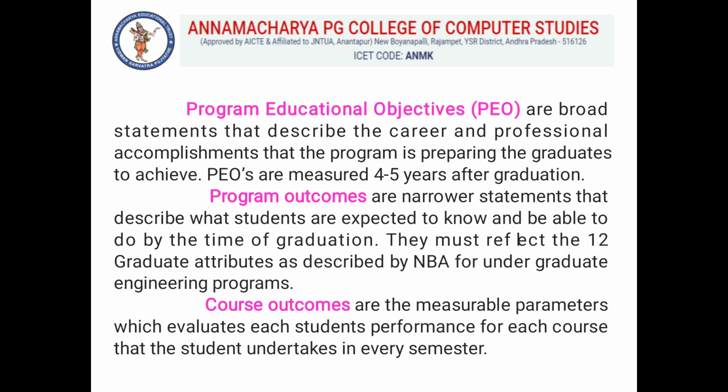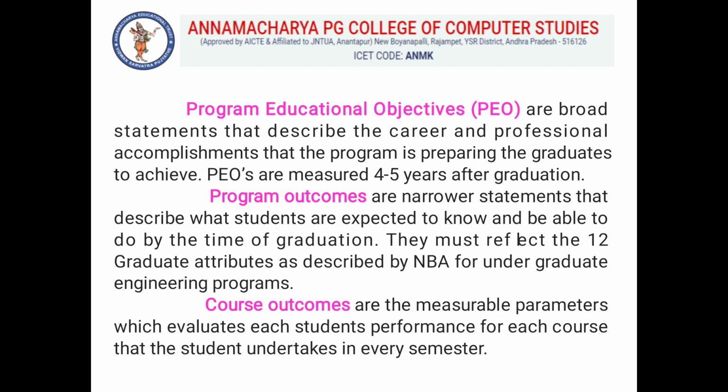What is meant by a PEO? There are many definitions given by eminent authors, and in simple terms, it describes the career and professional accomplishments that the program is preparing the graduates to achieve.